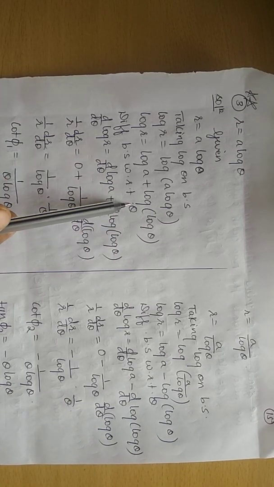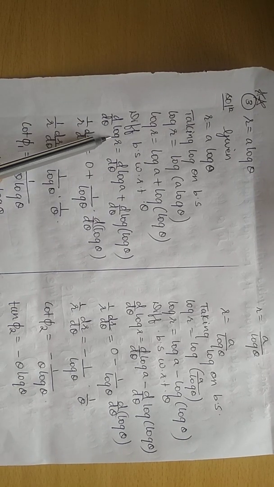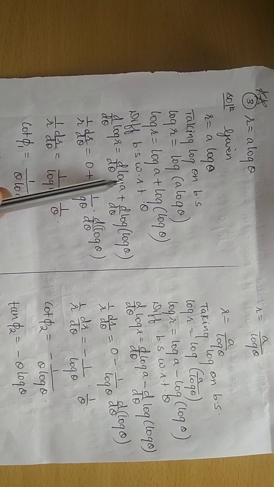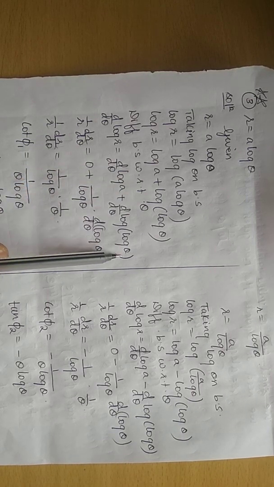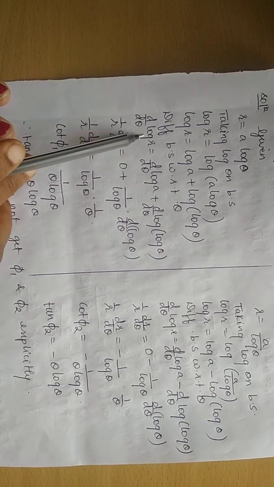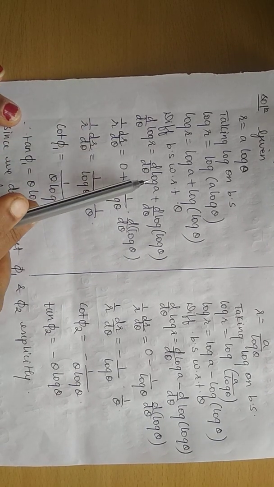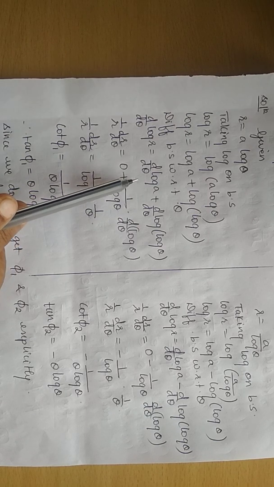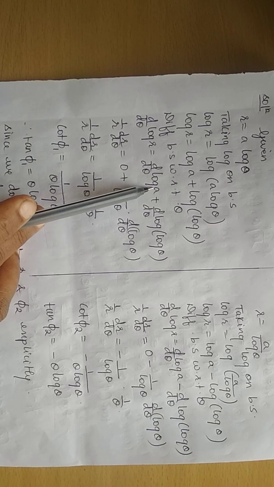Now differentiating both sides with respect to theta. So d by d theta of log r is equal to d by d theta of log a plus d by d theta of log theta. Derivative of log r is 1 by r into dr by d theta. Derivative of log a with respect to theta is 0 because a is constant, so log a is also constant.